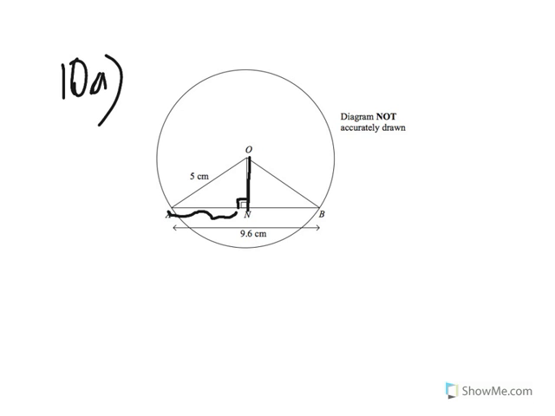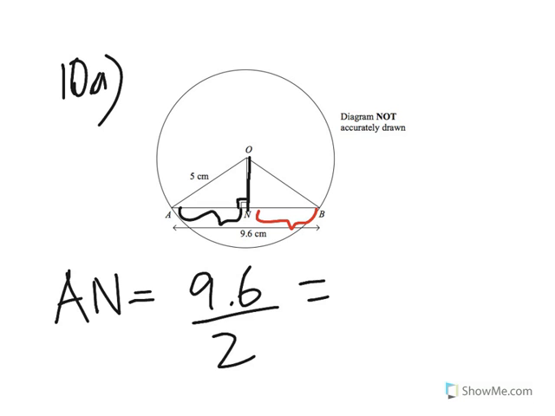So it splits it into these two equal parts, AN and NB. Since it's two equal parts, the value of AN is nothing but 9.6 divided by 2, which is 4.8 centimeters.